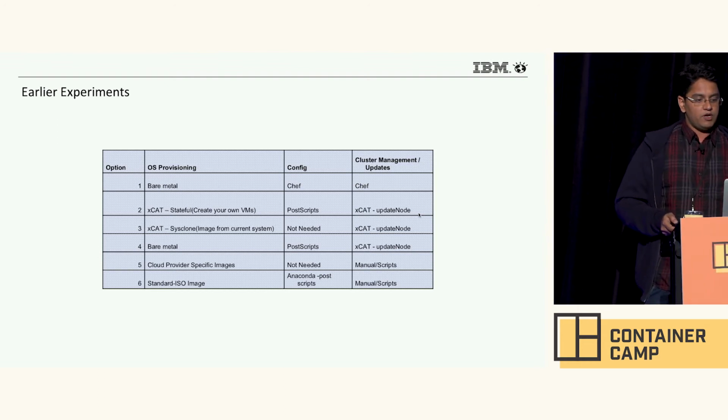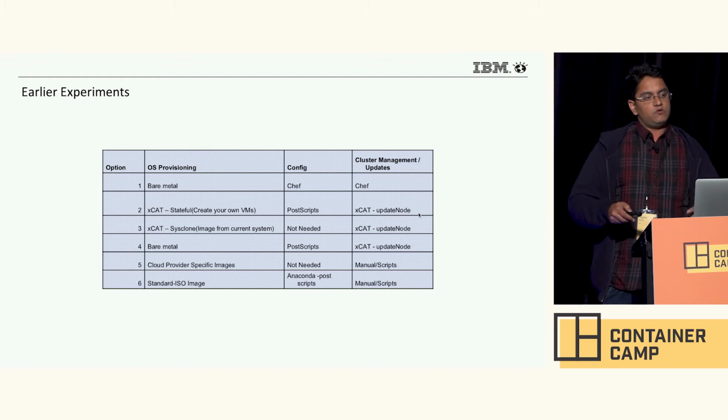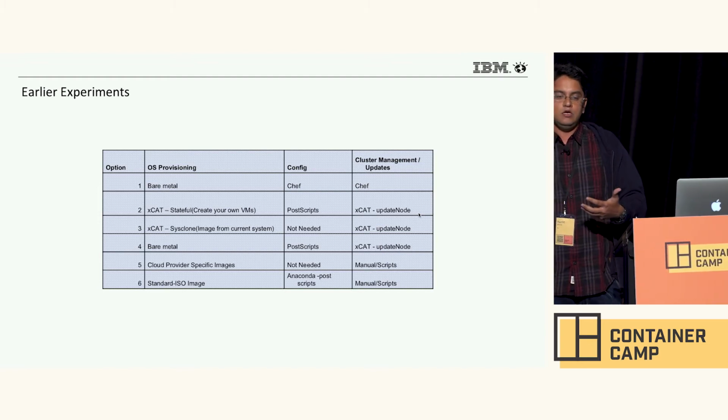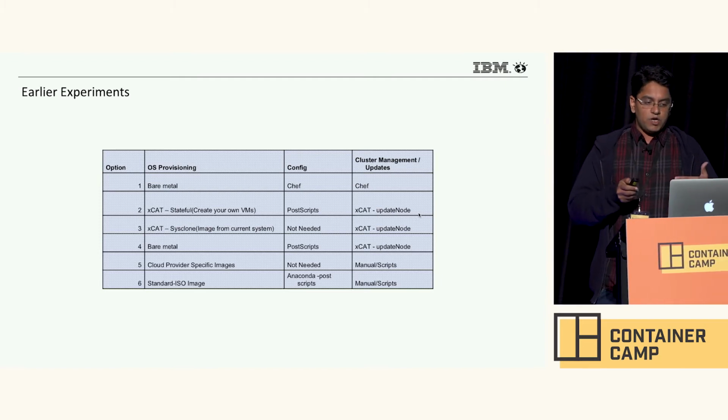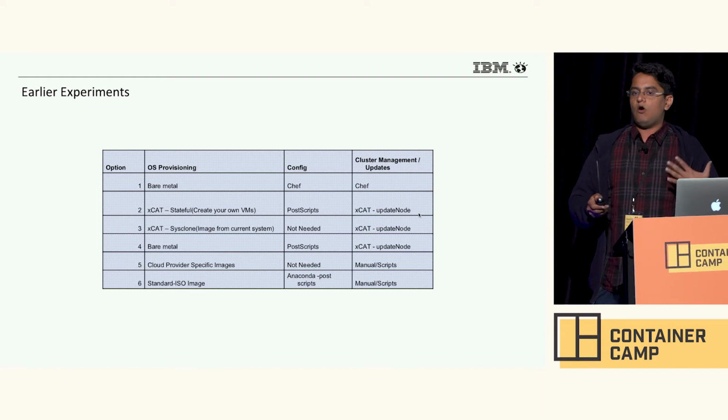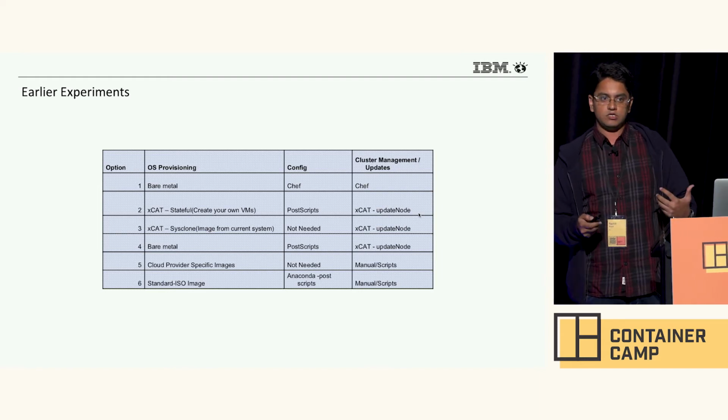We have also experimented using the ISO images with the Anaconda scripts to get those clusters running on the bare metals. But all these experiments were not helping us meet all the requirements which were coming from our customers.